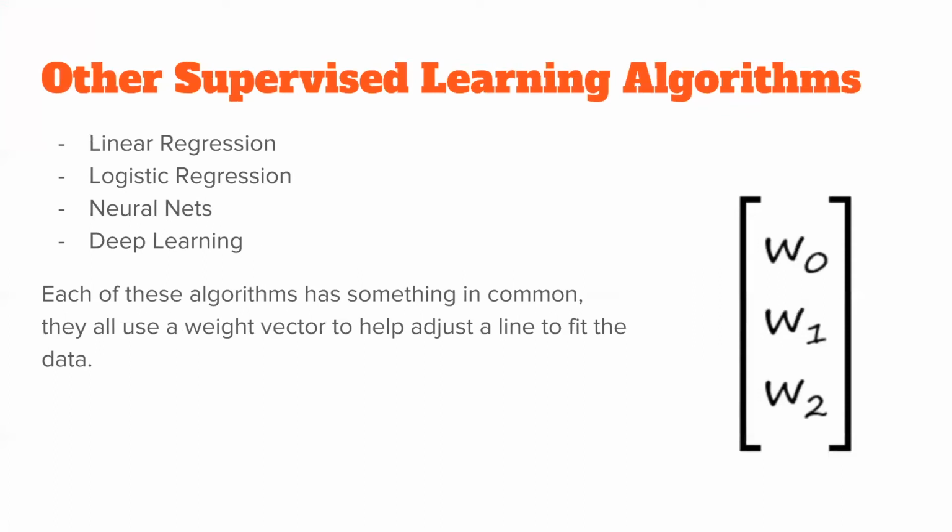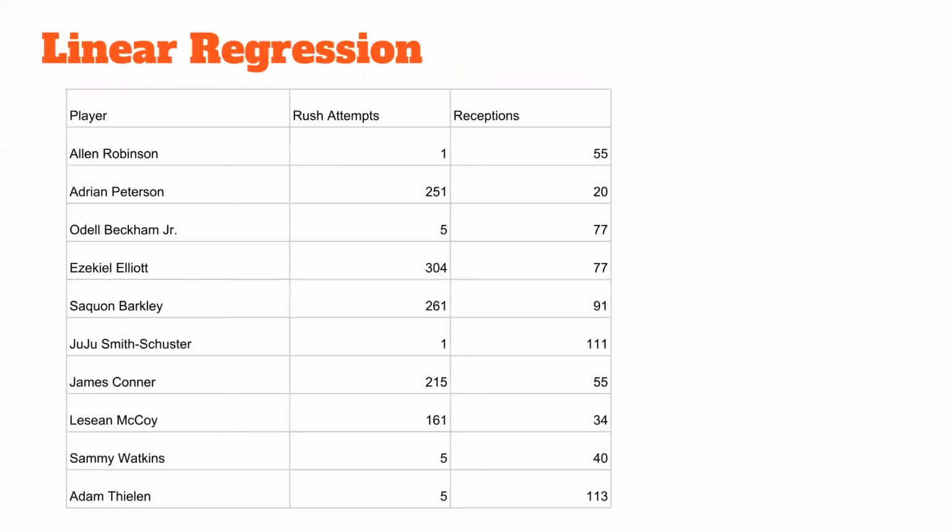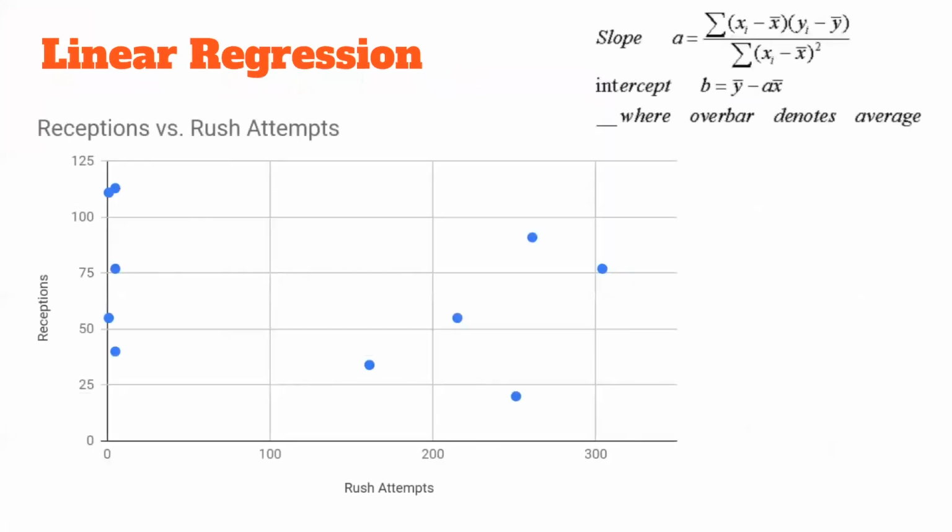Essentially, what the majority of supervised learning algorithms like linear regression, logistic regression, neural nets, et cetera, that use a weight vector are doing is using that weight vector to create a line to separate items in space. So we have this 2x2 data, and 2x2 data looks great on a 2x2 graph.